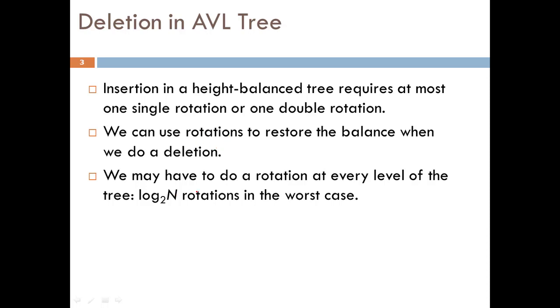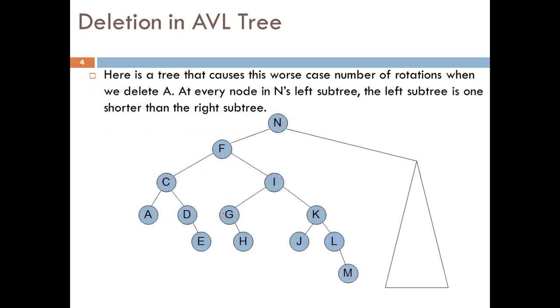We may have to do a rotation at every level of the tree, and hence log n rotations in the worst case can be possible. We will see in an example that once we delete a node, that causes multiple rotations, for example log n rotations, to balance the entire tree. So that is more complex in the worst case of the deletion.